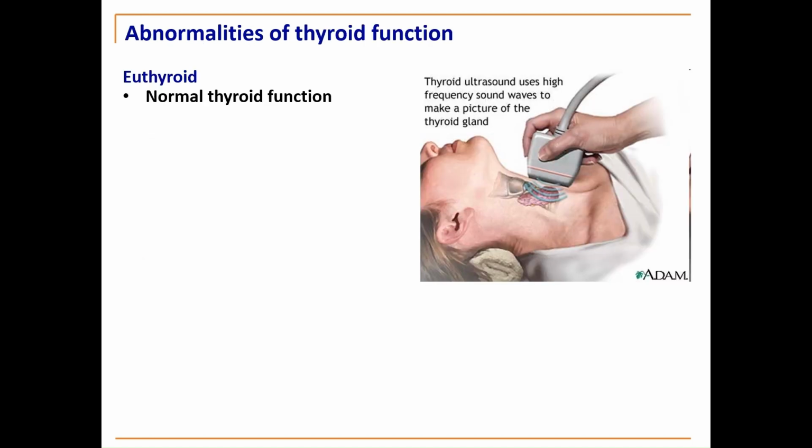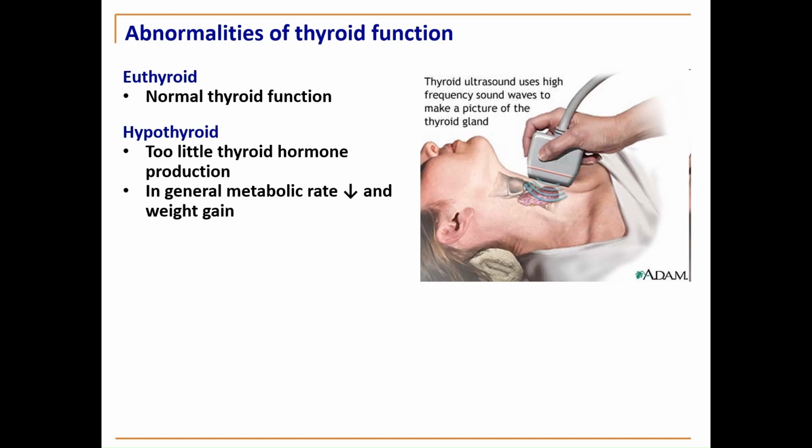Okay, so what we're going to do is have a little bit of a think about abnormalities of thyroid function now. So really, we've done everything we need to do on thyroxine, the thyroid gland itself, and thyroid hormone production. We're thinking about what happens in thyroid disease. Well, euthyroid just means normal thyroid function. That's all it means.